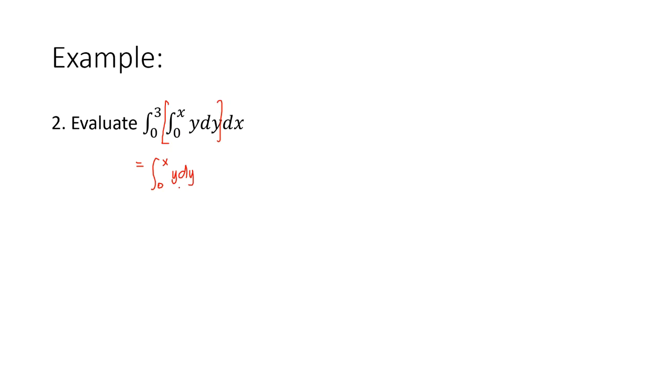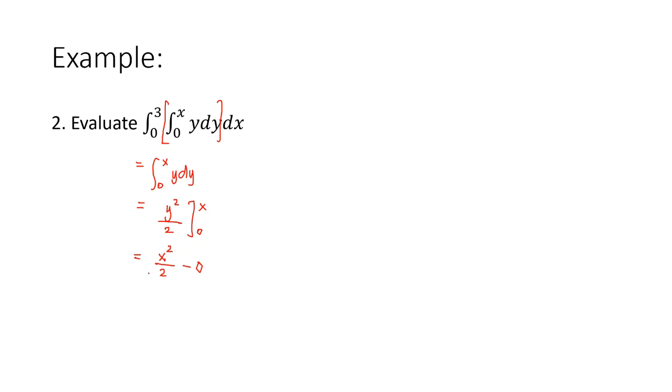The integral of y dy is basically equivalent to y squared over 2, and then from 0 to x is our limit. So we'll be substituting 0 and x to our variable y. So we have x squared over 2 minus 0, or basically equivalent to x squared over 2.